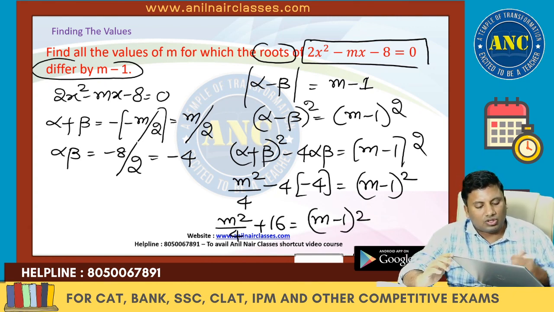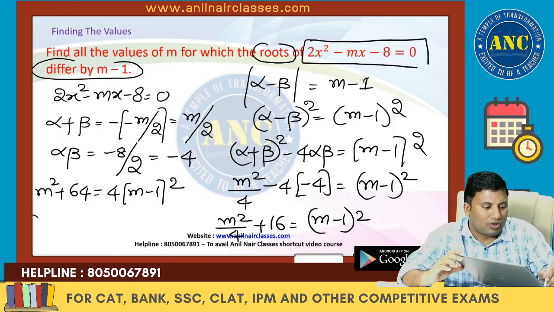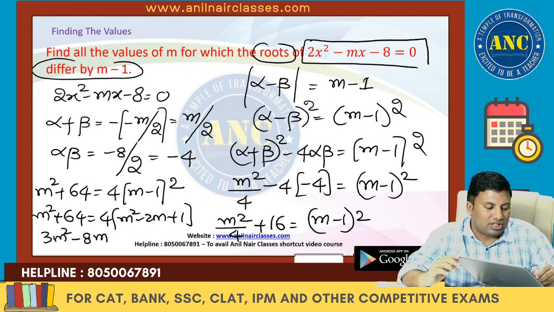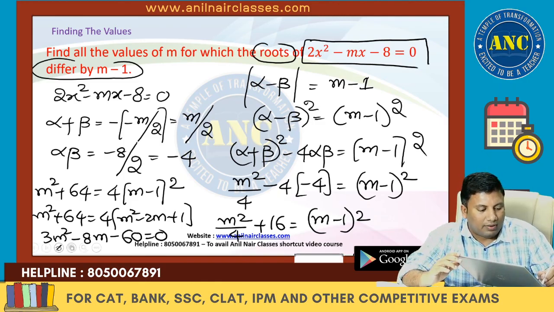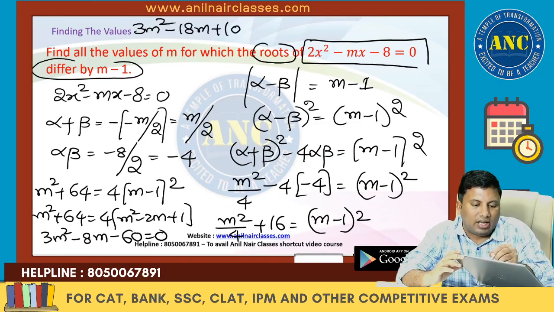Now we have to solve this quadratic equation. m square plus 64 equivalent to 4 into m minus 1 whole square. m square plus 64 equivalent to 4 into m square minus 2m plus 1. This gives 3m square minus 8m minus 60 equivalent to 0. 3m square minus 18m plus 10m minus 60 equivalent to 0.